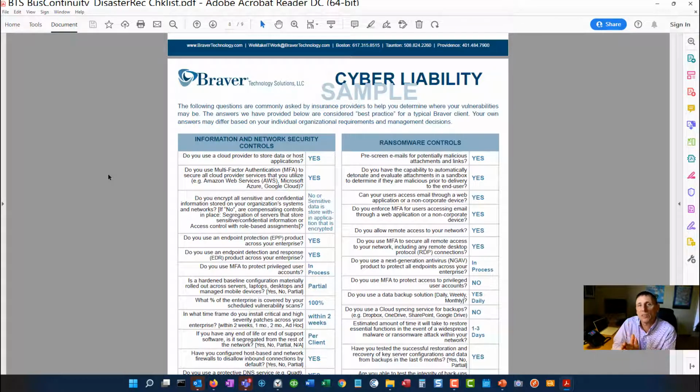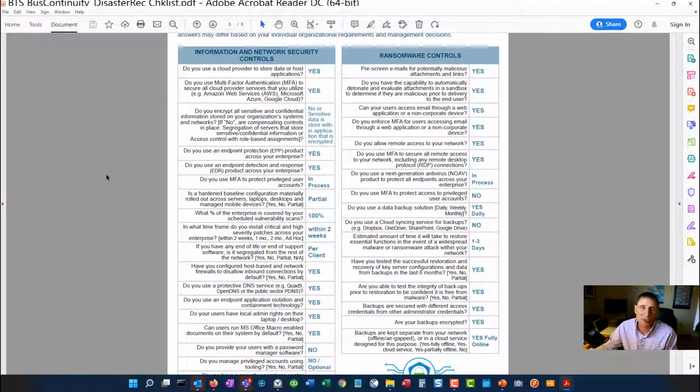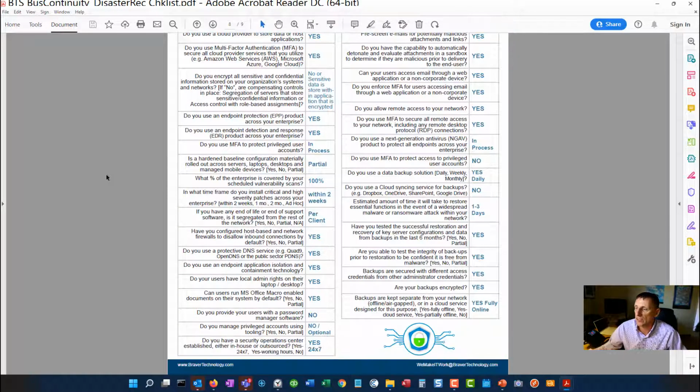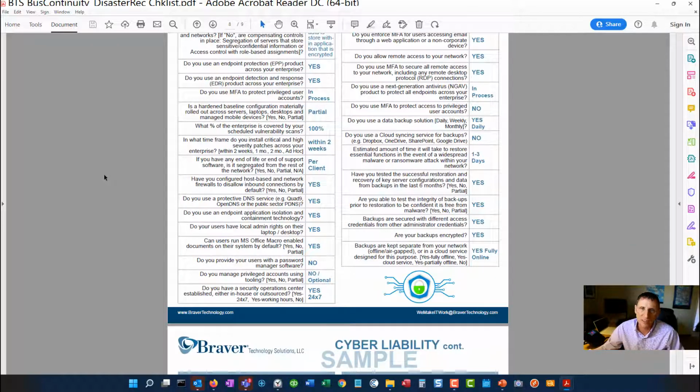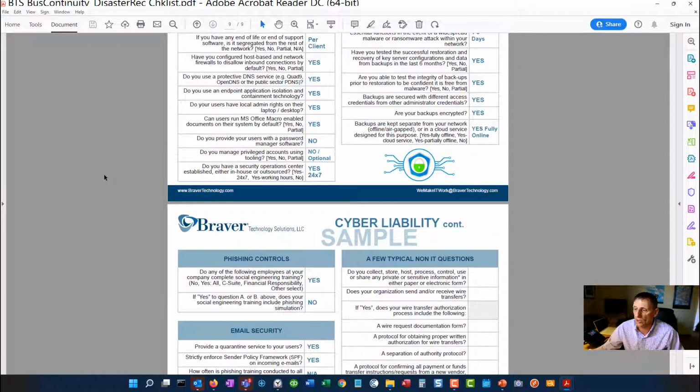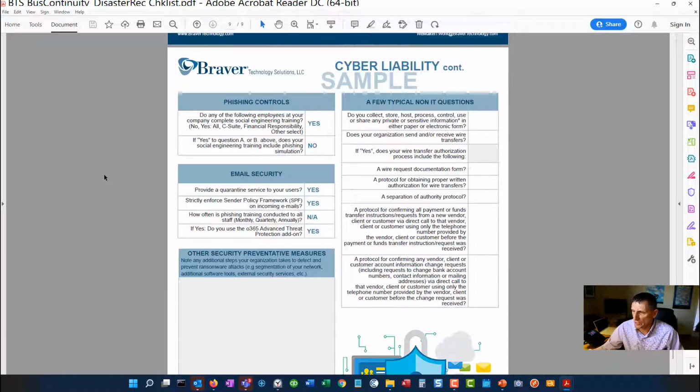So if you're one of our clients and you're protected, chances are you're going to be able to use a lot of the answers in here so that you can start filling this out ahead of time when you get it. Basically, we tried to do as much of the legwork for you as we can so that you can start utilizing this as soon as possible for your insurance carrier.